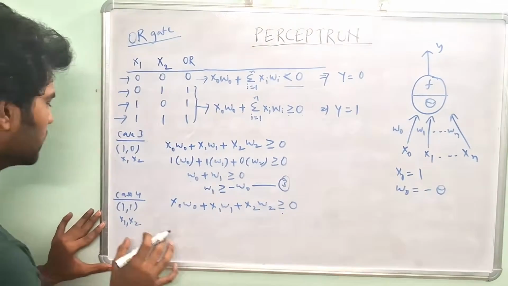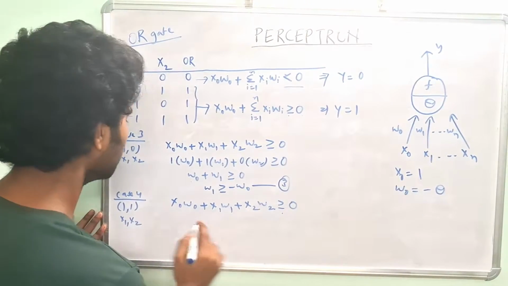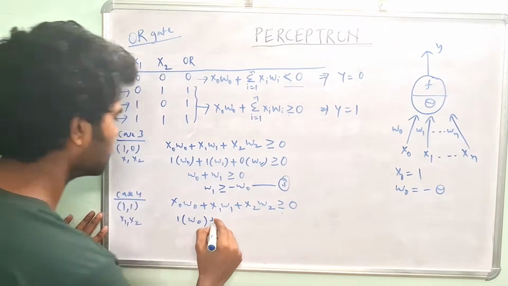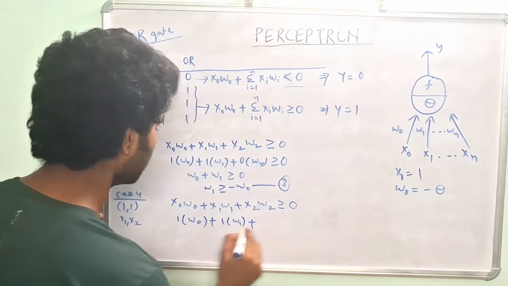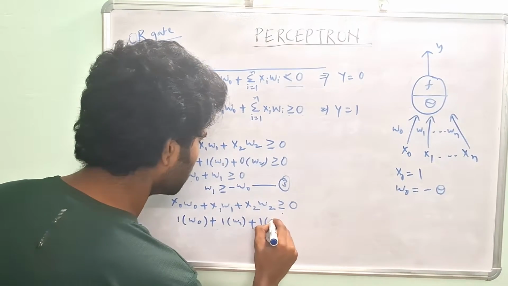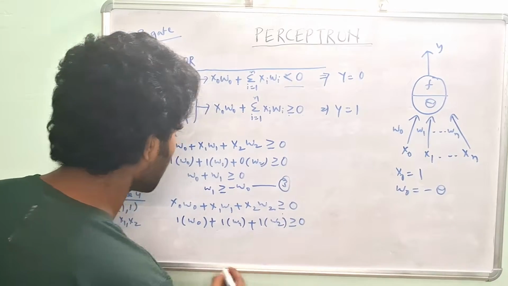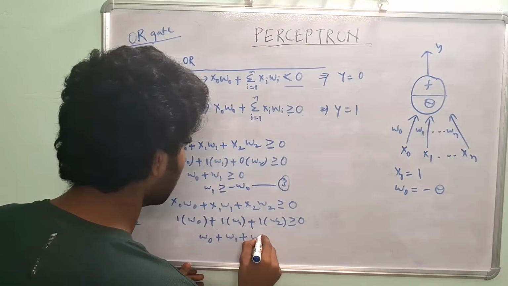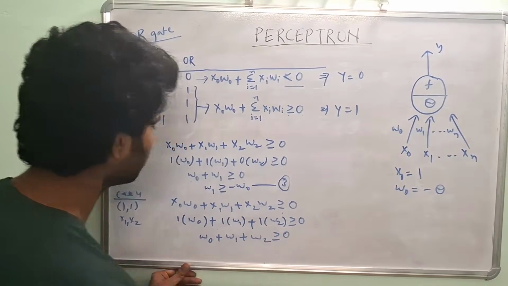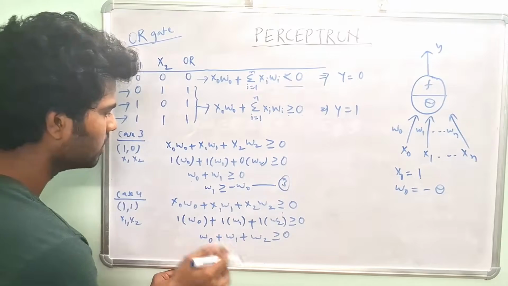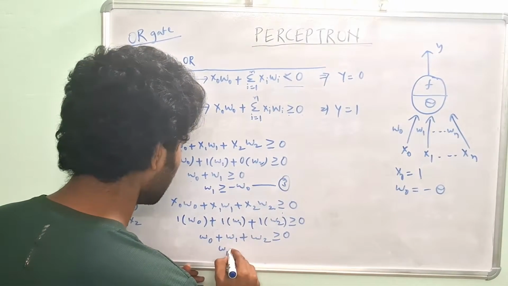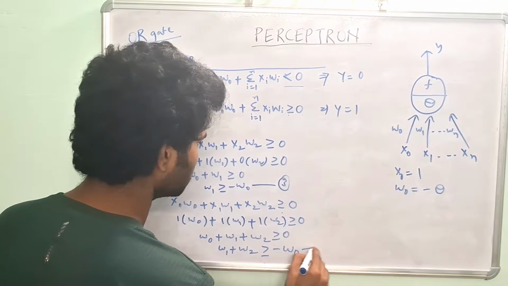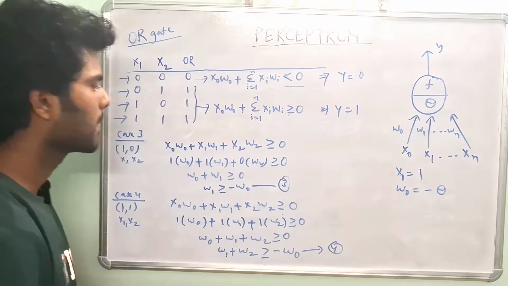So just substitute input values only: x0 is 1, x1 is 1 only, x2 is 1. Here w0 + w1 + w2 ≥ 0. Just send the w0 value to the RHS side: w1 + w2 ≥ -w0. So this is the fourth equation.